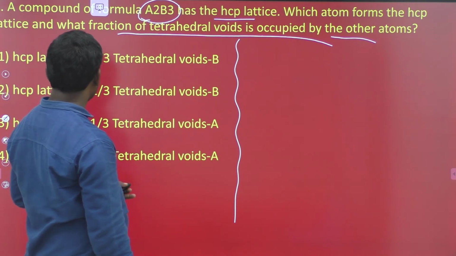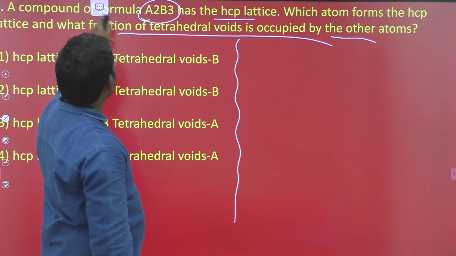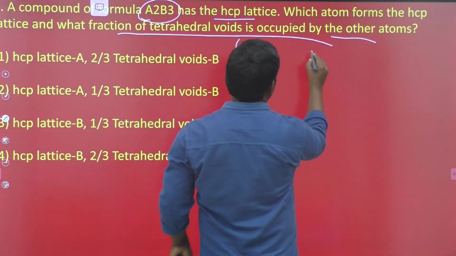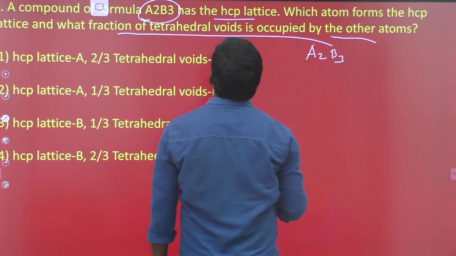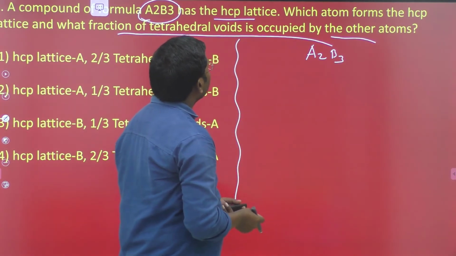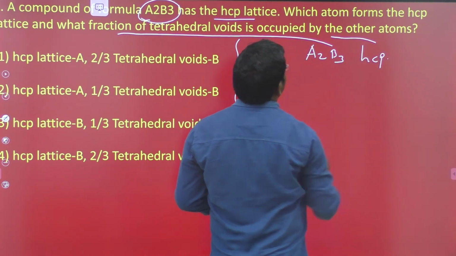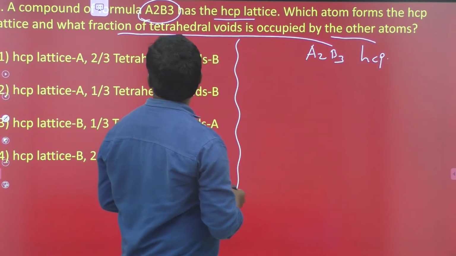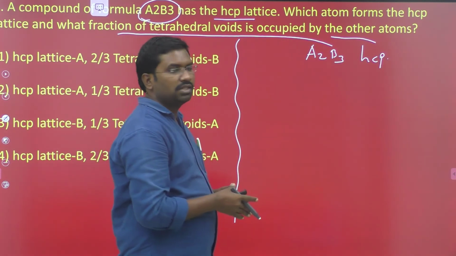So first of all, the compound formula is A2B3, which has the HCP lattice.